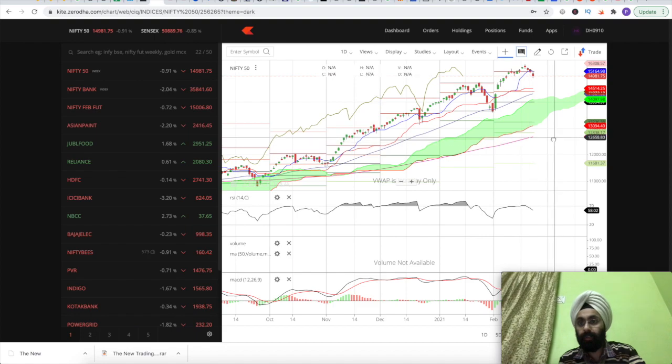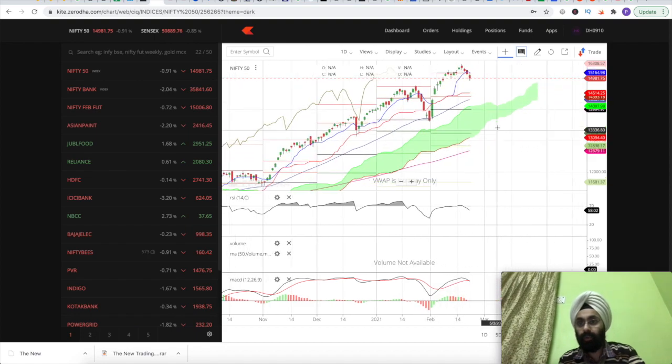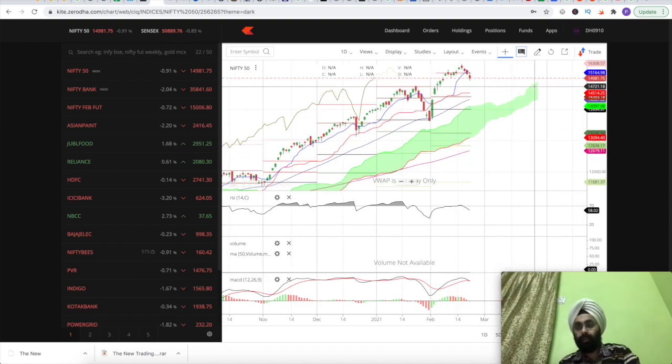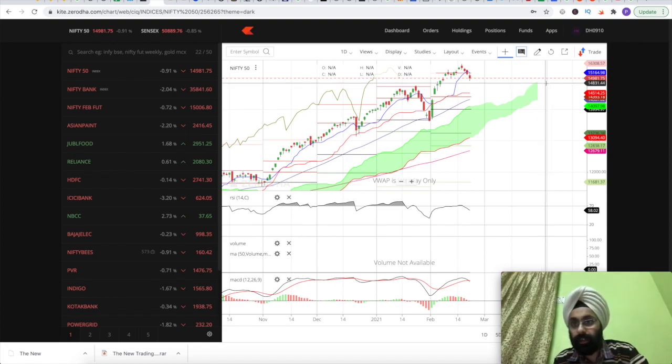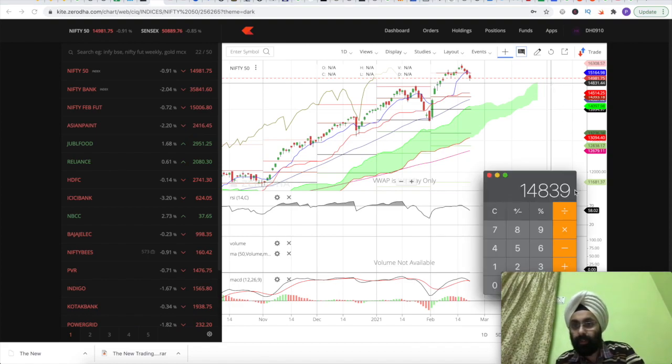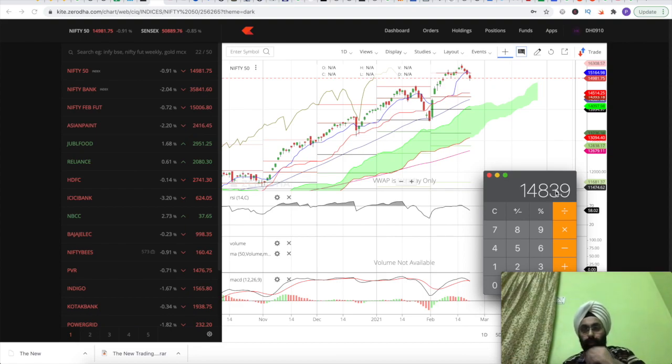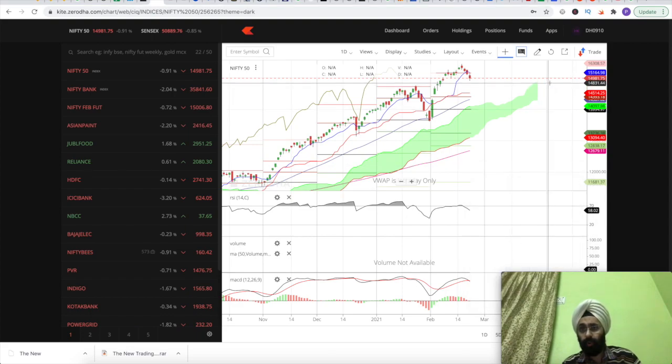This will be the value of the leading span A, which is plotted 26 days ahead. Here it is 14,831, so approximately it is close to 14,839. So this is how we plot the leading span A.